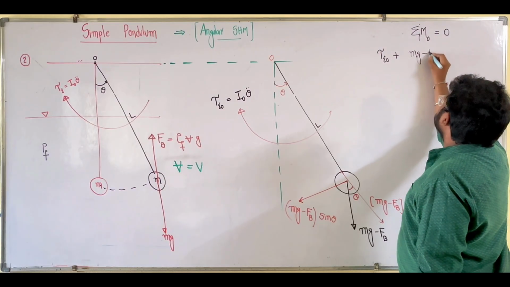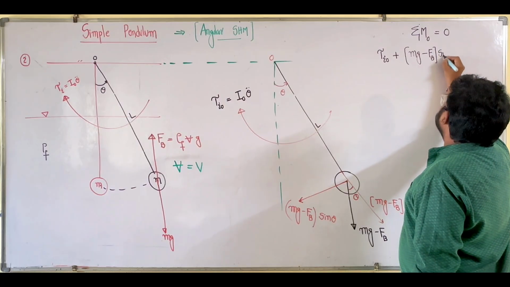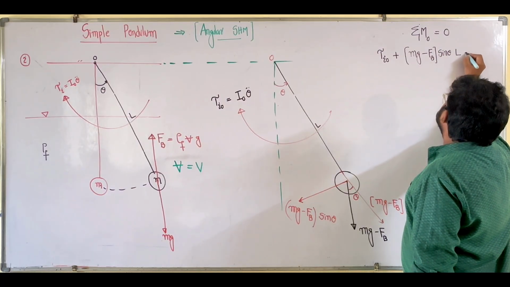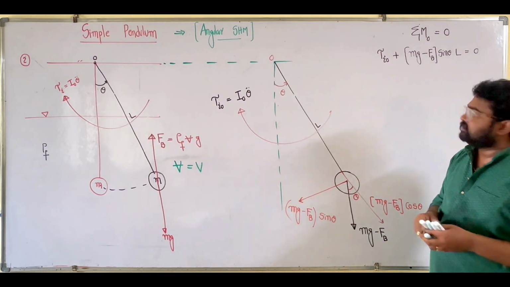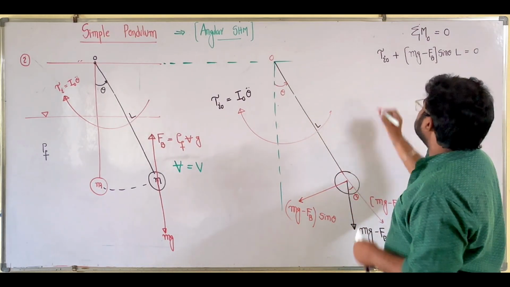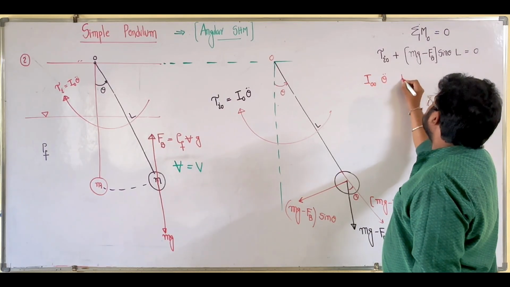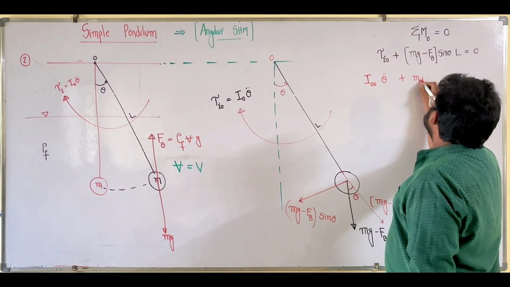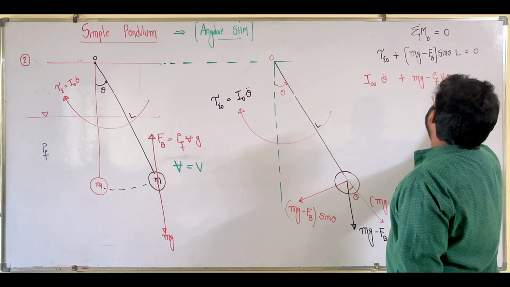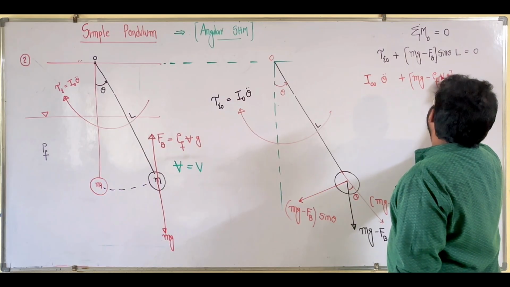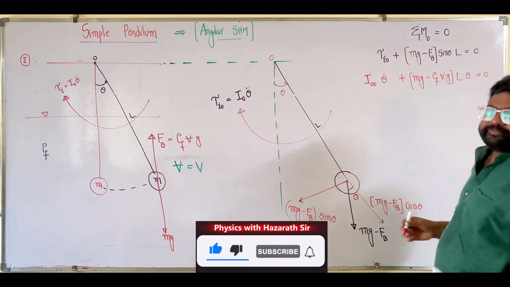Mg minus buoyant force into sin theta into length is the moment about this disturbing point. So inertia torque, the mass moment of inertia, plus mg minus buoyant force, that is density of the fluid into volume of the fluid displaced into g, into L into theta equals 0.